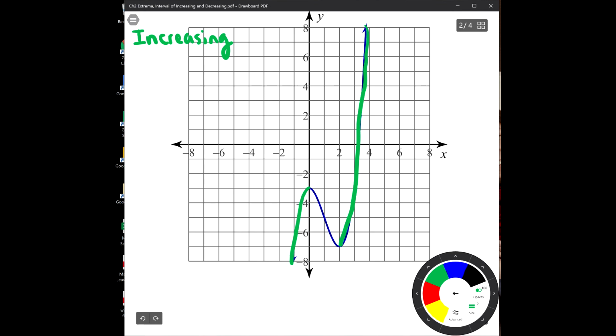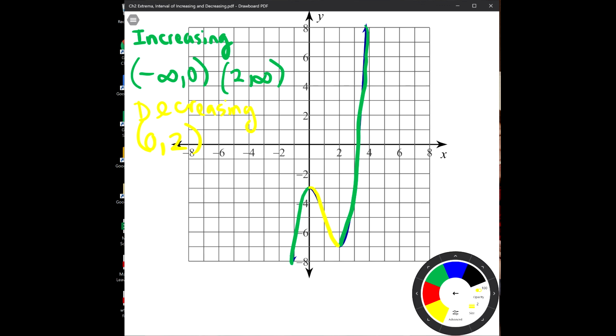So the interval will be -infinity, stop at 0, and another one will be 2 to infinity. Then I figure out the interval of decreasing. So decreasing will be 0 to 2. Okay, that's the interval.